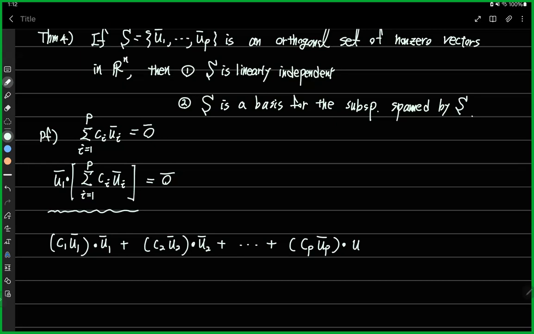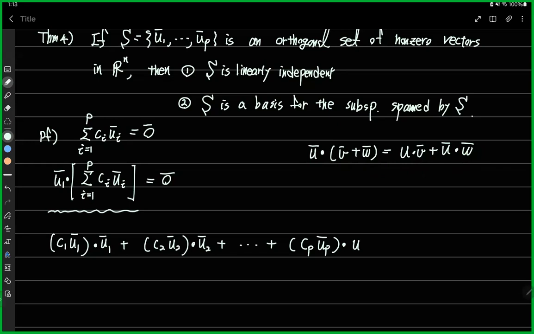Keep in mind the dot product satisfies linearity. I think I should have mentioned this. So vector U dot (V plus W) is equal to U dot V plus U dot W. So that's why we got this.